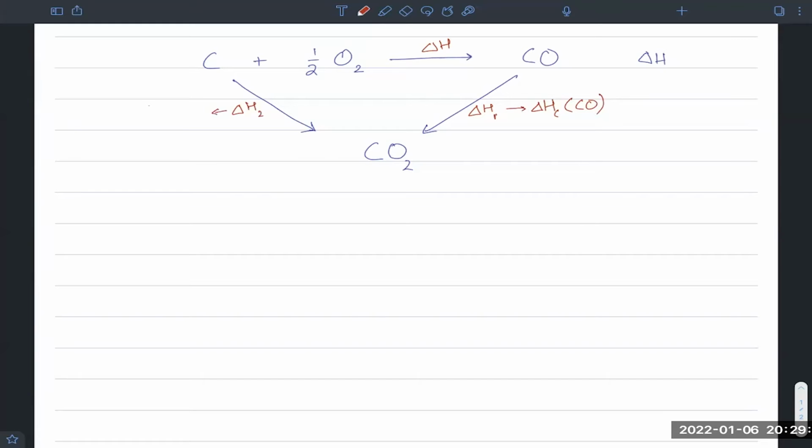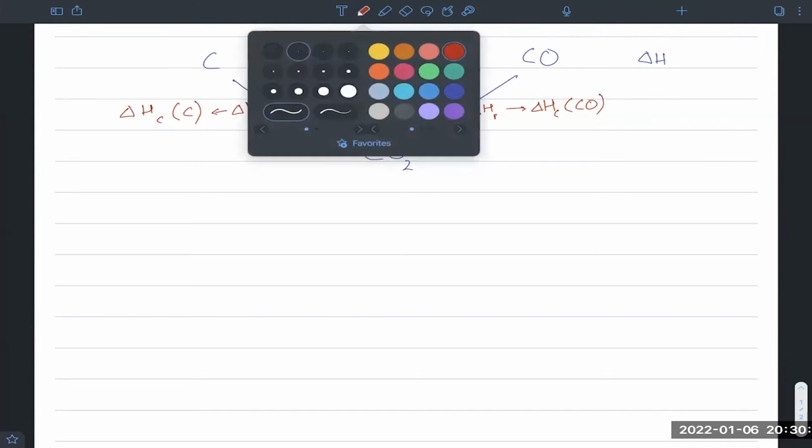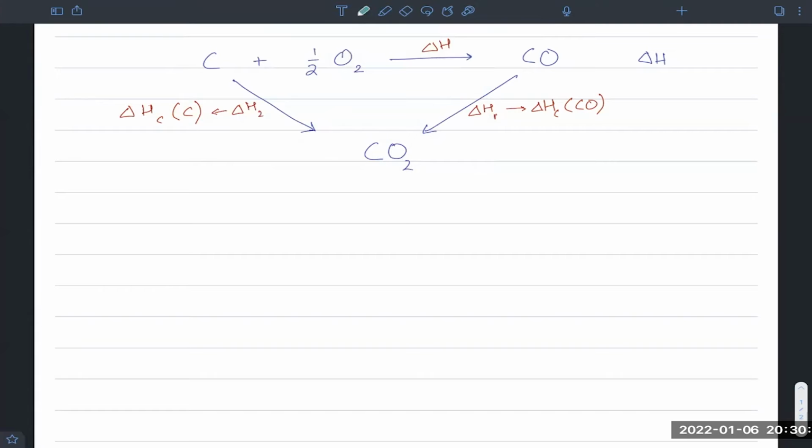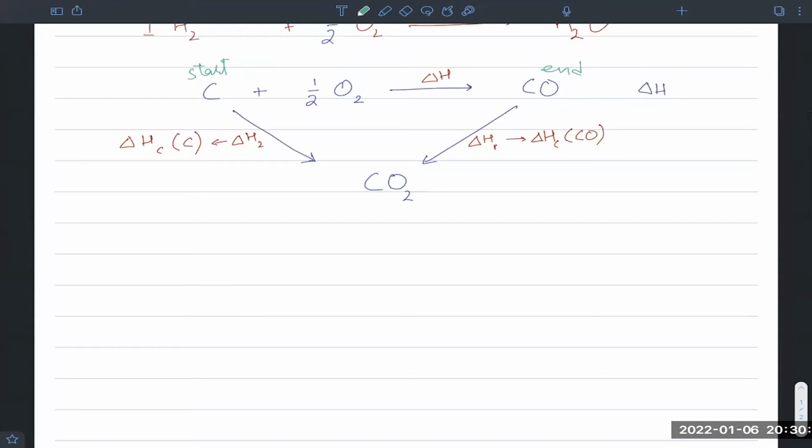It is delta H combustion of 1 mole carbon. Now I pick my starting point and ending point. Let me say this is my starting point, and just to keep things simple, this is my ending point. So now I have a direct path here and an indirect path here.